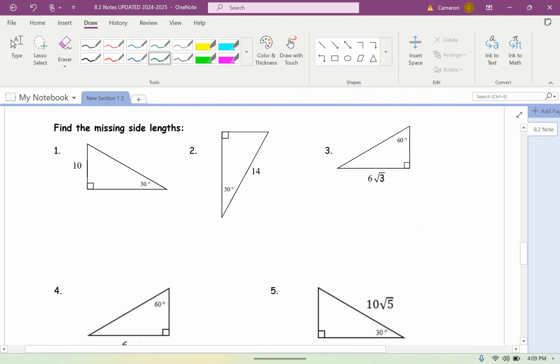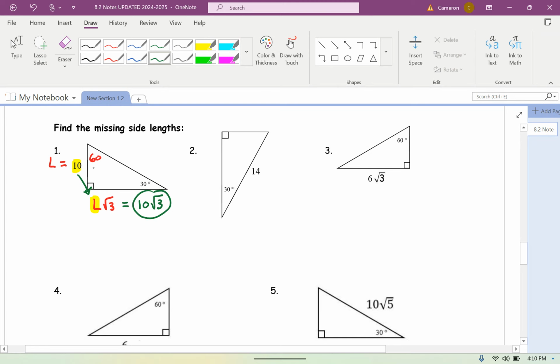Let's find some missing lengths. We're going to label just like we did for the 45, 45, 90. For the first one, across from 30 is my home base. That's my L. 60 at the top. Across from 60 is L rad 3, which in this case, if L was 10, then I'm going to substitute in 10 for L. This side across from 60, my medium side would be 10 rad 3.